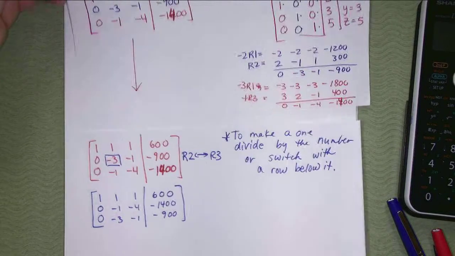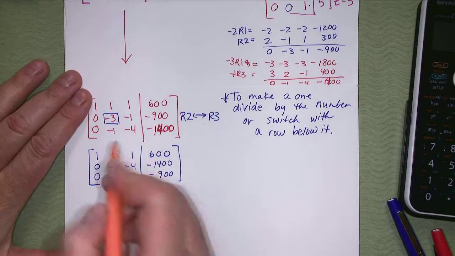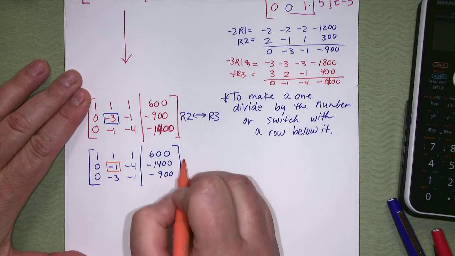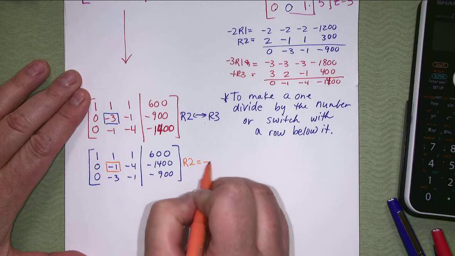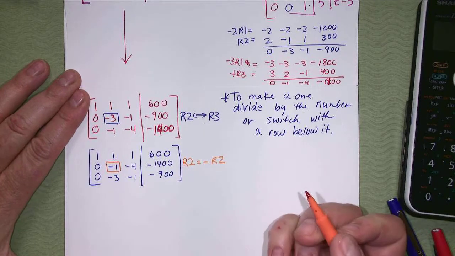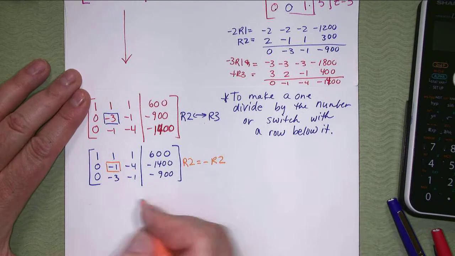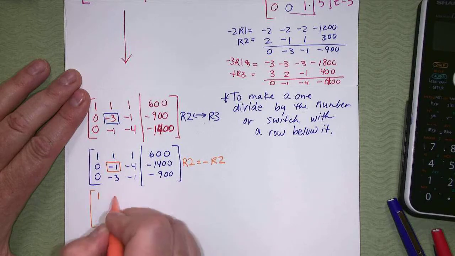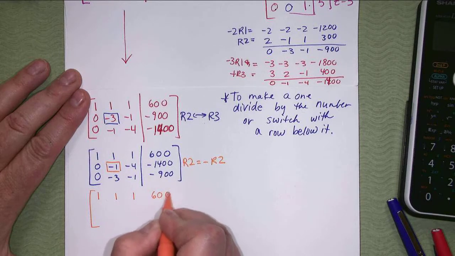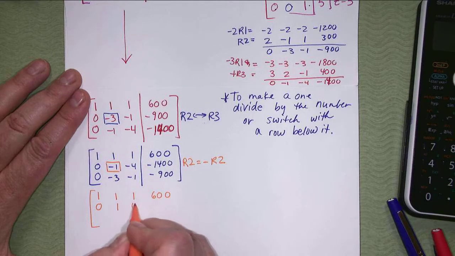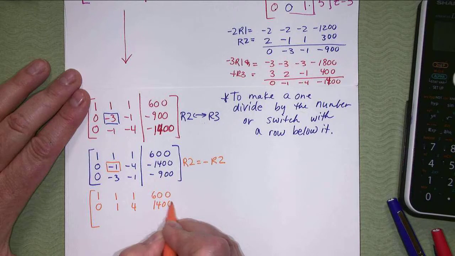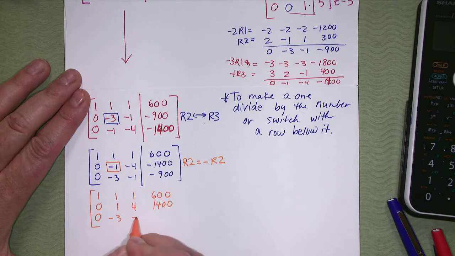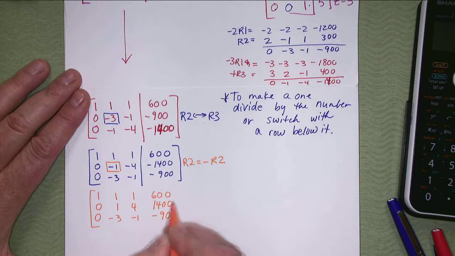So here, row 2 is going to be minus row 2, or divide by -1 or multiply by -1. Basically switch all the signs. And I'm not changing anything else, I just did that 1. You don't need to show any work for that, because that was just done.